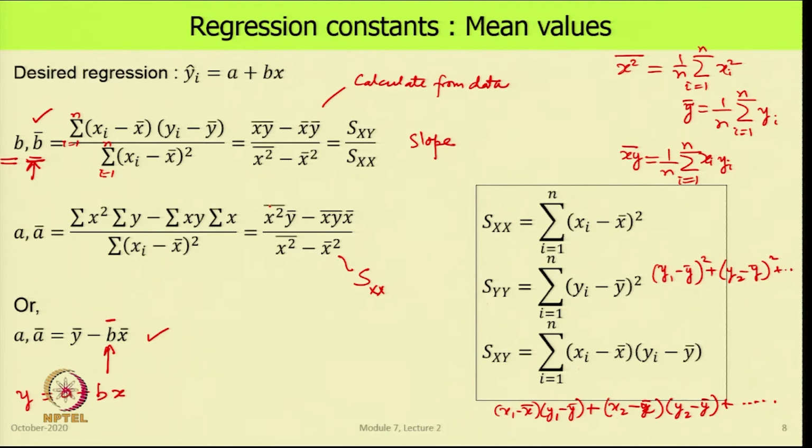We have already calculated all these parameters for the calculation of b. So, either we can just use those numbers in this formula and get a bar, or we can do this calculation and get the value of a bar. So, there we are, we have got the value of the slope here, and by either of these methods we got the value of the intercept.